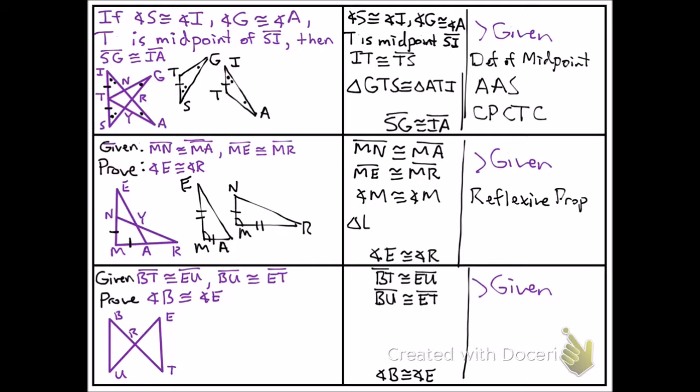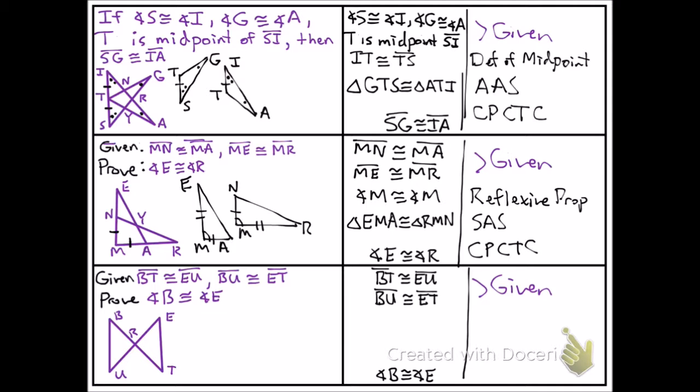So EMA went double line, single line, so we'll do RMN is congruent, and that will be by side, angle, side. And then we know that angle E is congruent to angle R because corresponding parts of congruent triangles are congruent.